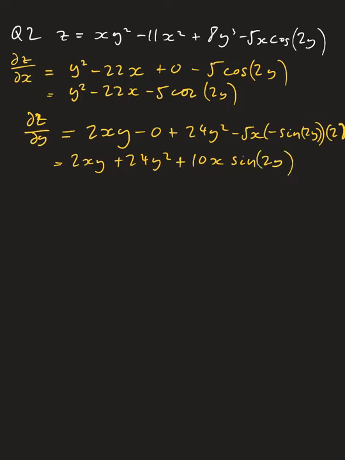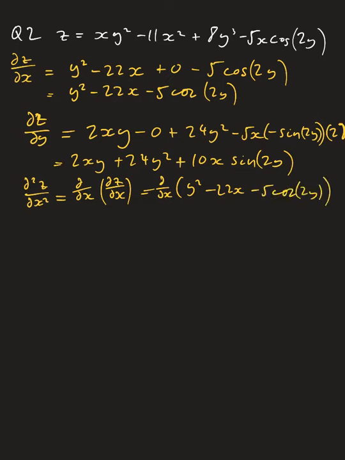So that's the first partial derivatives. Let's do the second partial derivatives. ∂²z/∂x². So that is ∂/∂x of ∂z/∂x, which is ∂/∂x of, well, I got that above, y squared minus 22x minus 5 times cosine of 2y.